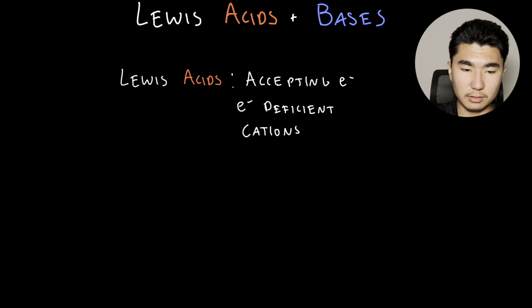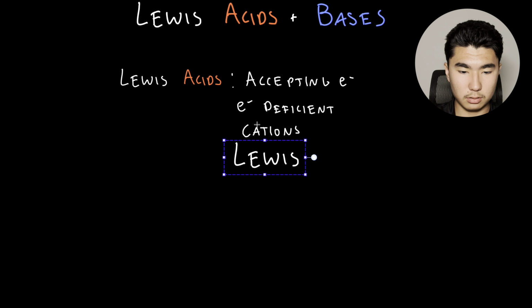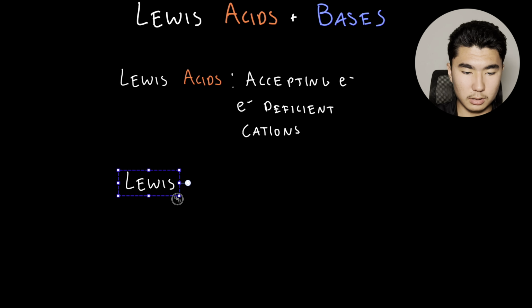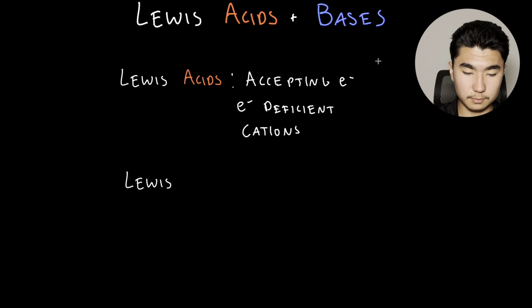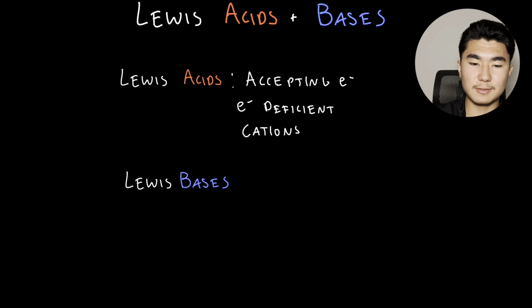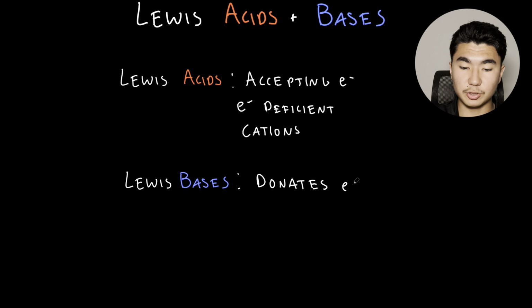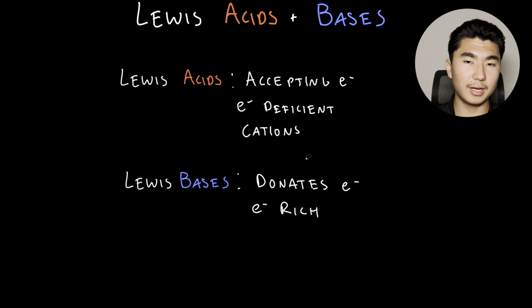Now, what about Lewis bases? Lewis bases are pretty much the opposite of Lewis acids, where we are going to be donating. So a Lewis base donates electrons. This E just represents electrons. They're going to be electron rich, and that's why they can donate electrons.